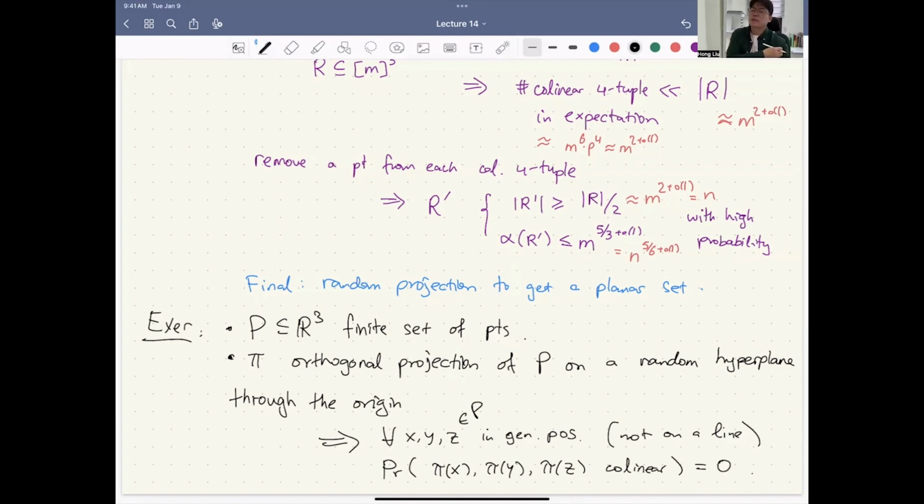This just basically means if you have a desired set in 3 dimensions projected, you get a desired set in 2 dimensions.